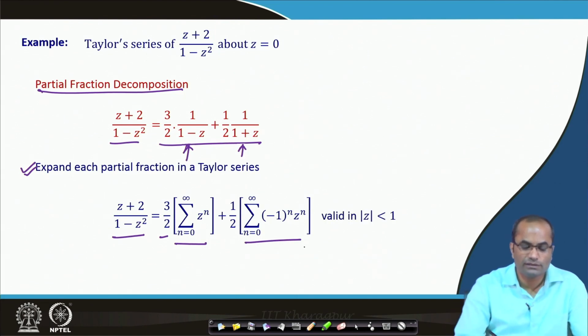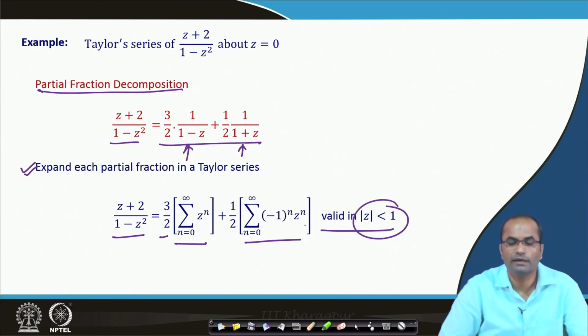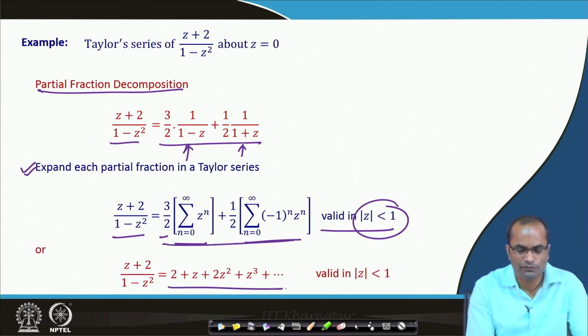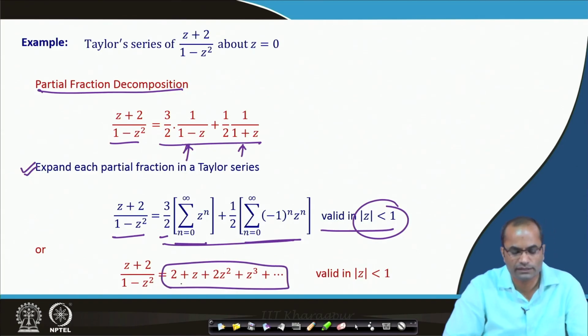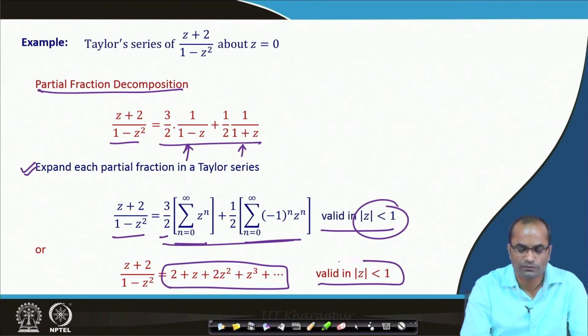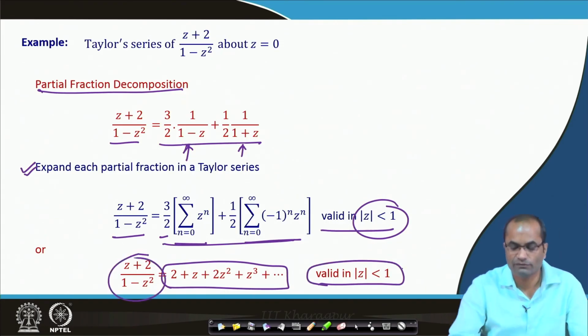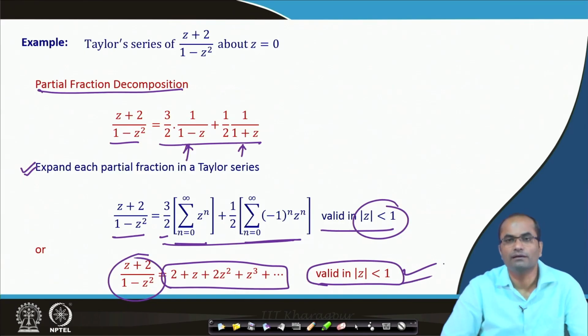These two series are both valid in this region, the disk of radius 1, or we can just simplify a bit here. So, we will get 2 plus z, 2 z square plus z cube. This is another series we got for (z plus 2) over (1 minus z) square, which is valid in absolute value z less than 1.